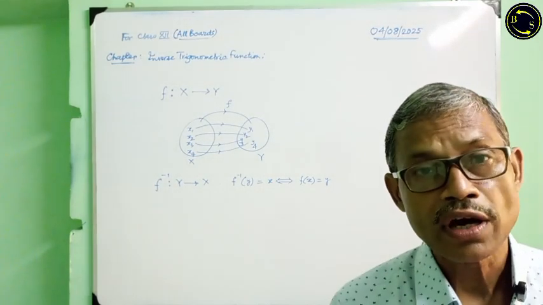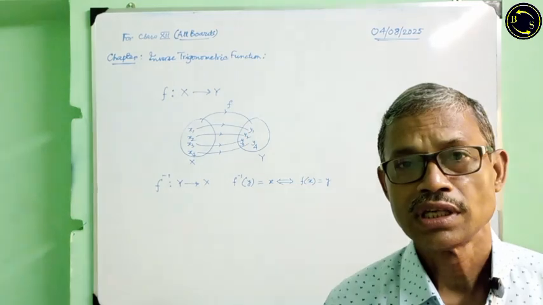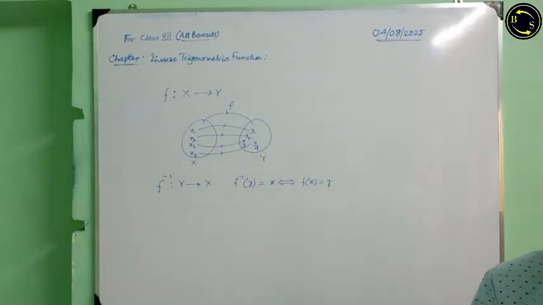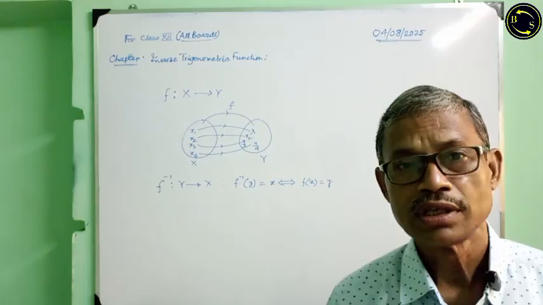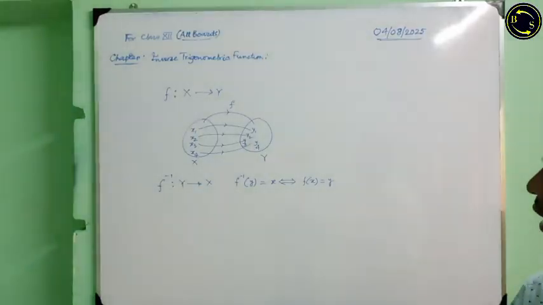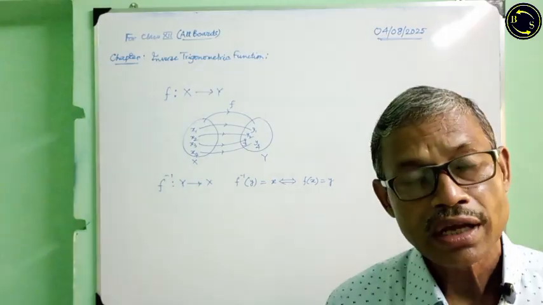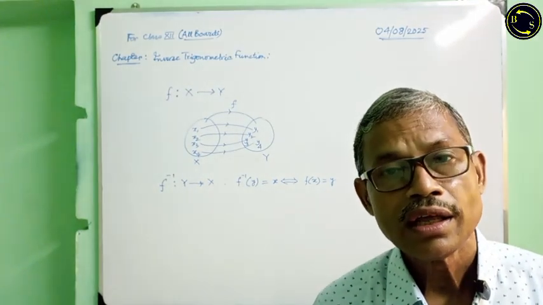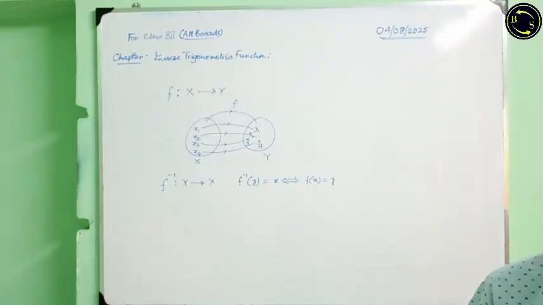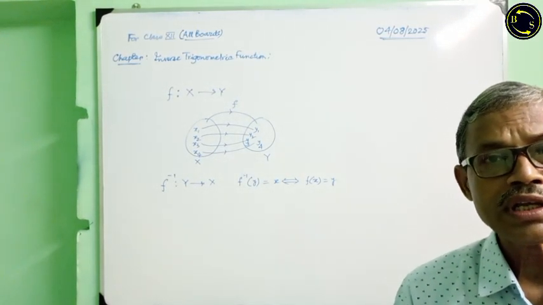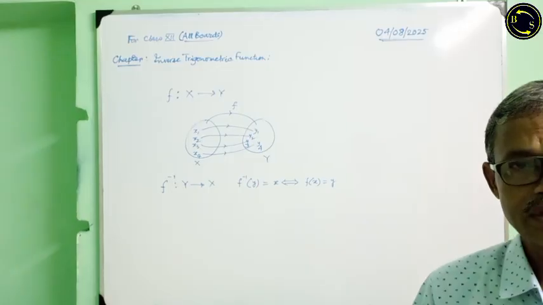Actually trigonometric functions are periodic functions. Now if we can break or split those periods into suitable intervals or subdomains, then we can easily discuss the invertibility of those functions.